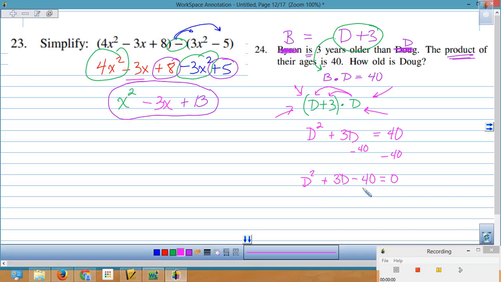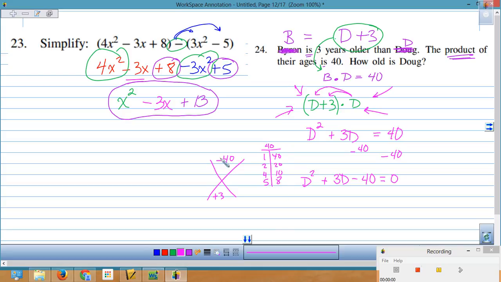So you want to know what will multiply to give you negative 40 and add to give you 3, or subtract in this case. Remember I said subtraction is what operation we're going to do. So we're going to look at 40. You got 1 and 40, 2 and 20, 3 won't, 4 and 10, 5 and 8, and then 6 doesn't go into 40, so 7 doesn't go into 40, so you're at 8.